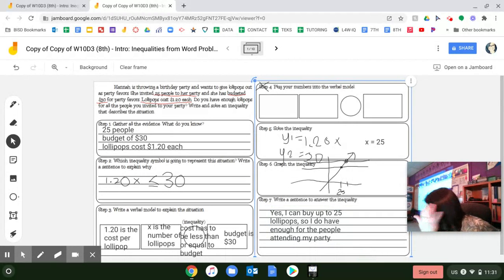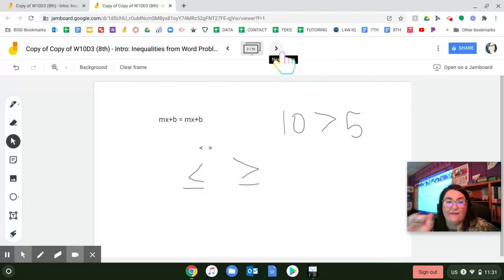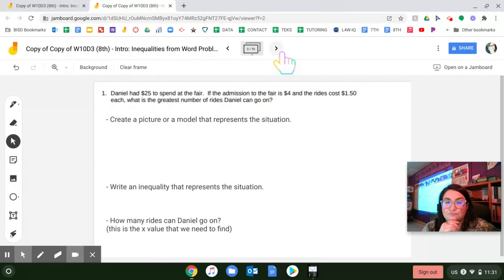One of the big things on inequalities is that you really think about the real world situation part of it. Think about what that limit is and how that works with the problem. For example, if you have $25 to spend at the fair, that is the most you can spend. Admission is $4. That seems like a starting point.